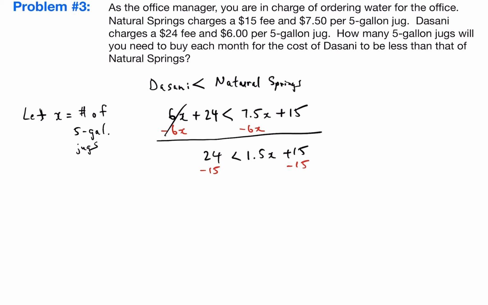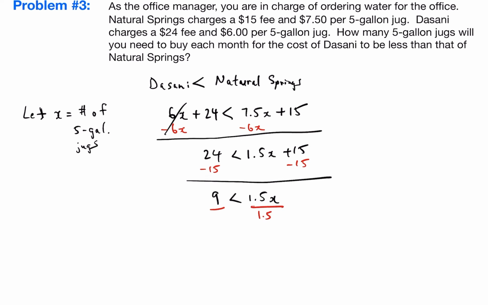And when we do, we get 9 is less than 1.5x. Okay, and then the last step is to divide both sides by 1.5. And when we do, we see that x has to be greater than 6.